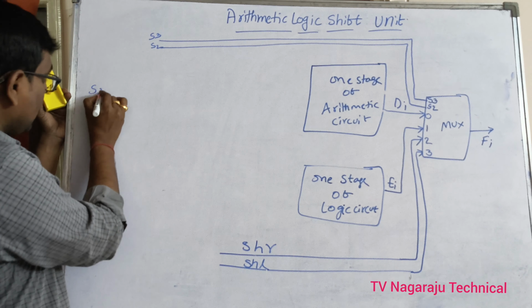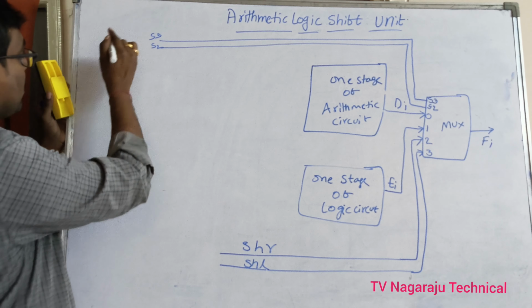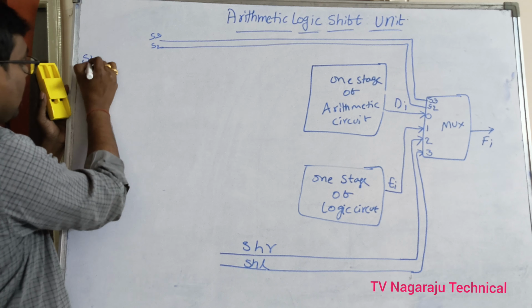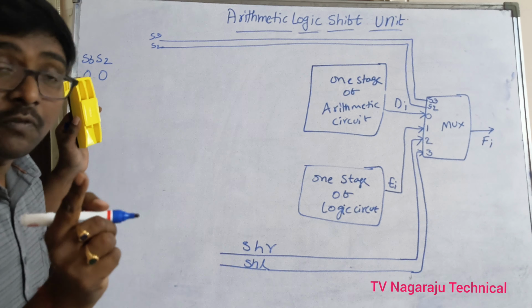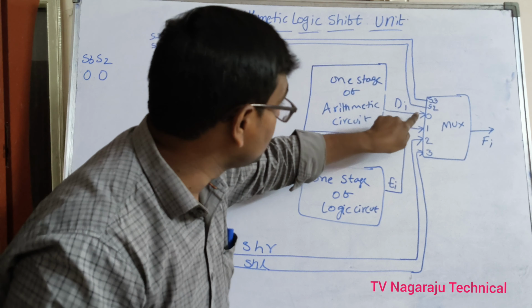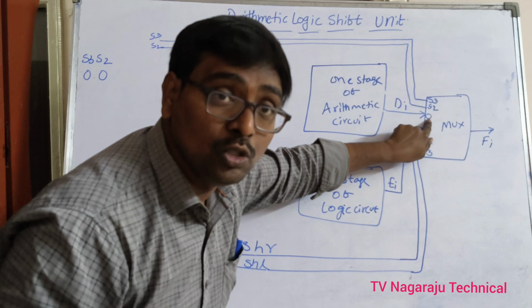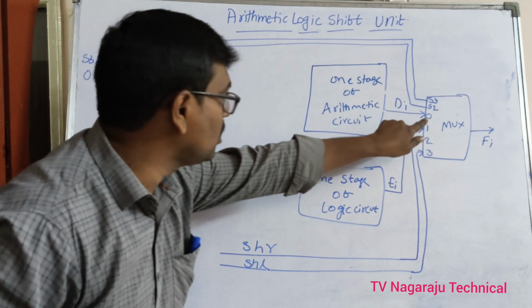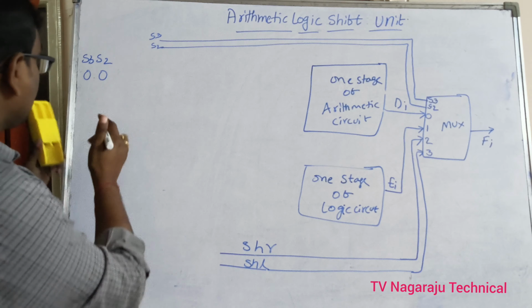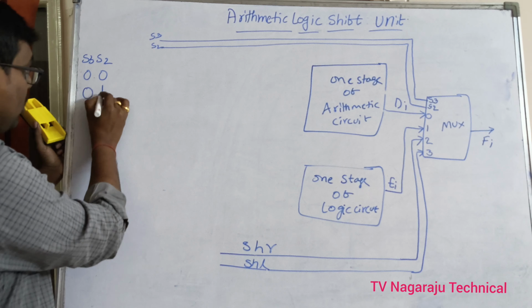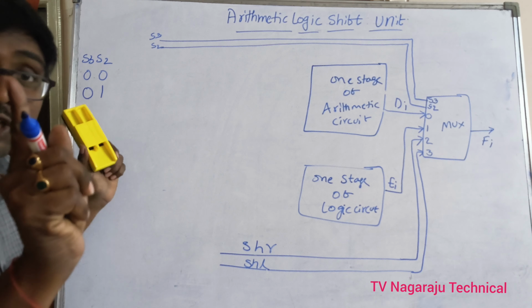If S3, S2 value is 0, 0, which operation is performed? If S3, S2 is 0, 0, it is connected to input 0, decimal 0, so arithmetic operations are performed. If S3, S2 value is 0, 1, the decimal representation is 1.